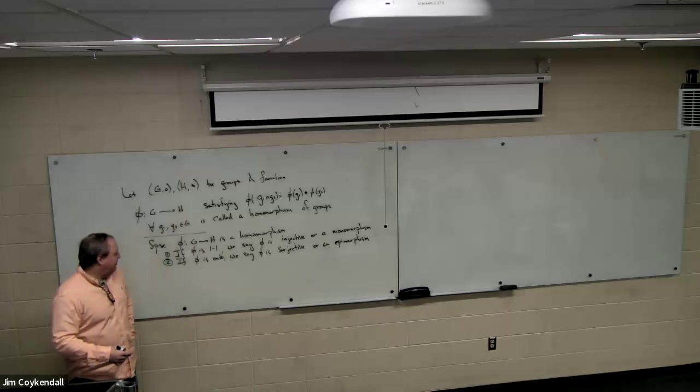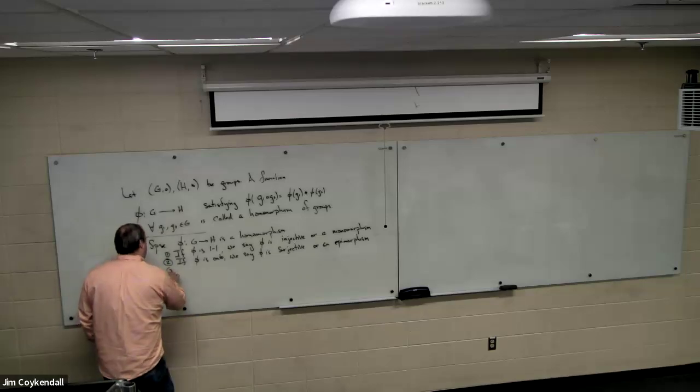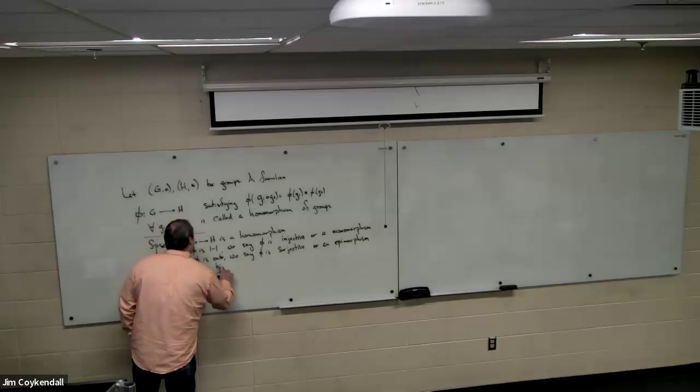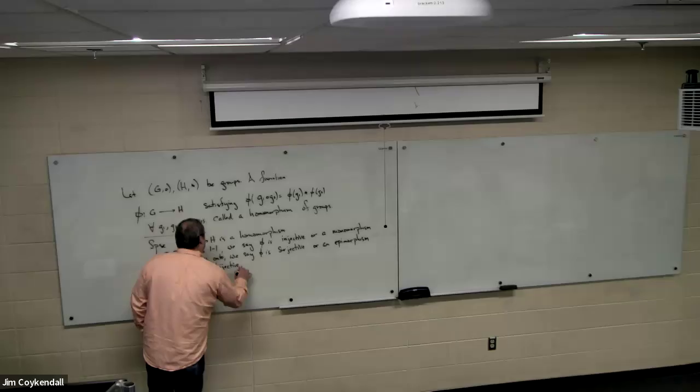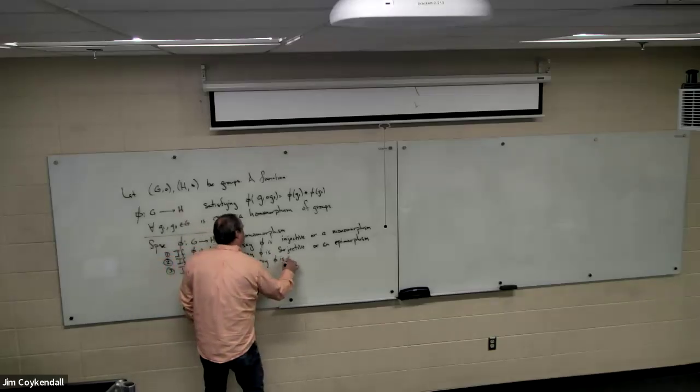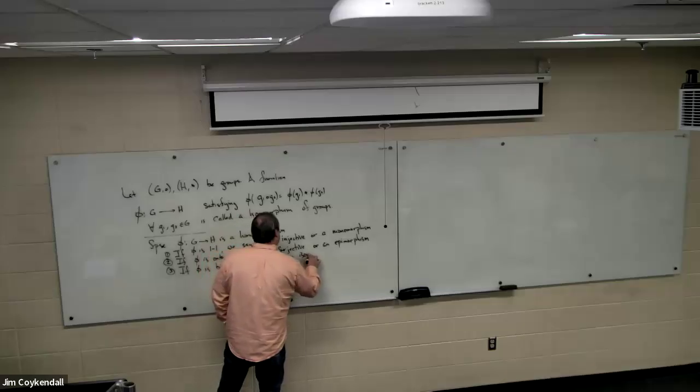So any of these modifiers are fine. Three, if phi is bijective, we say phi is an isomorphism.